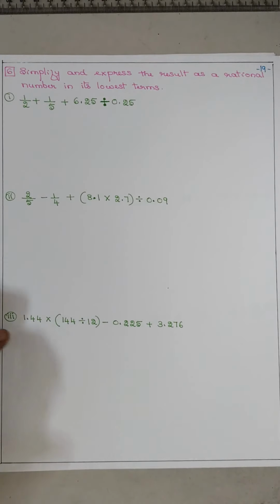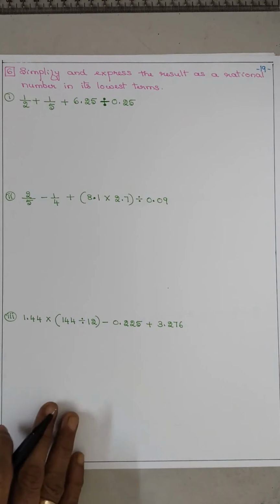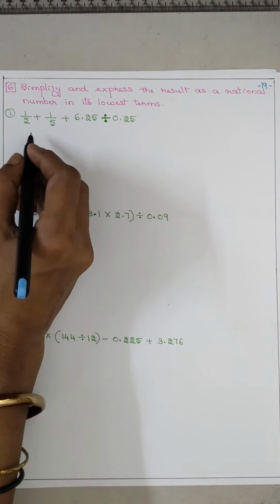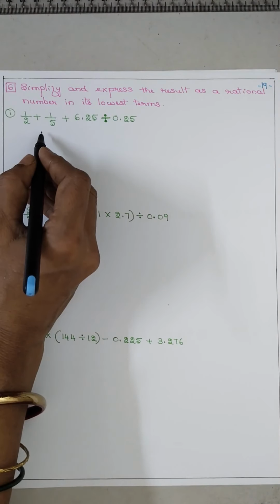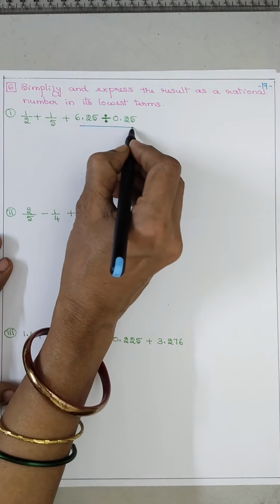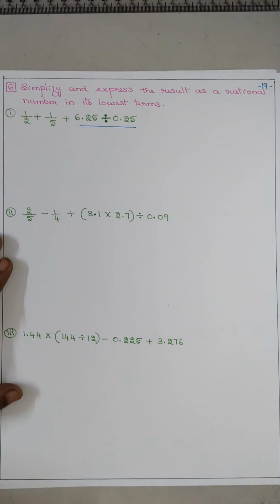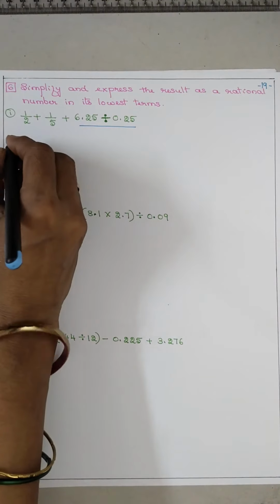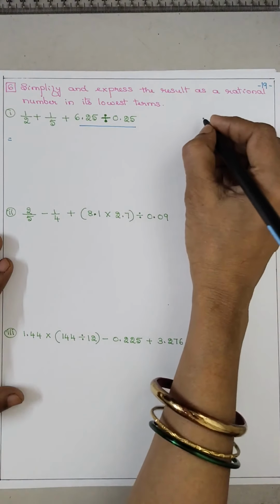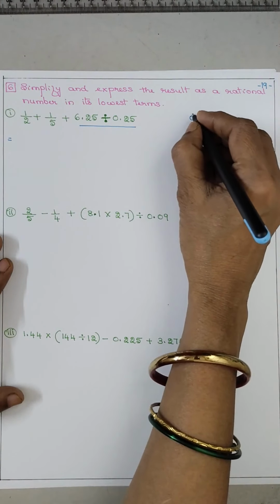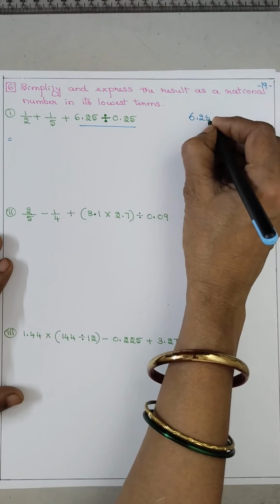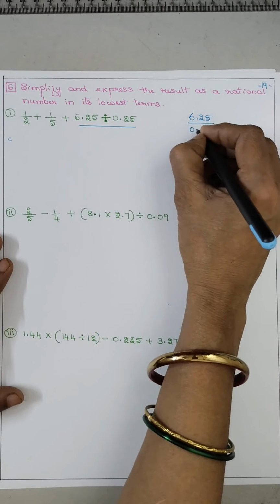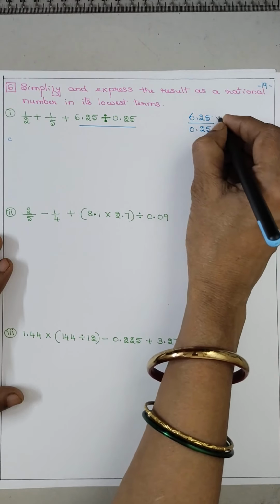So here some are rational numbers and some are decimals. So first remember the division, BODMAS rule. Division we have to do first. So on the right side, 6.25 divided by 0.25.